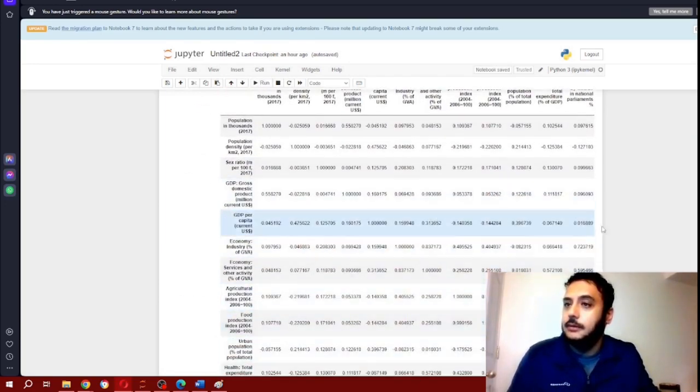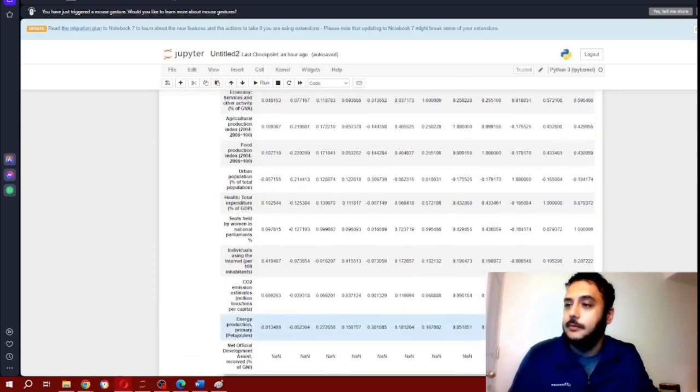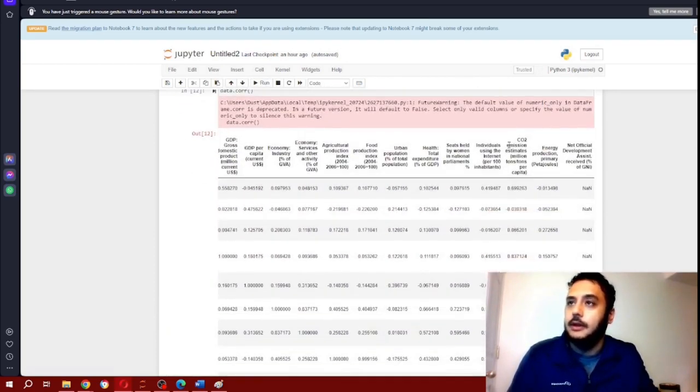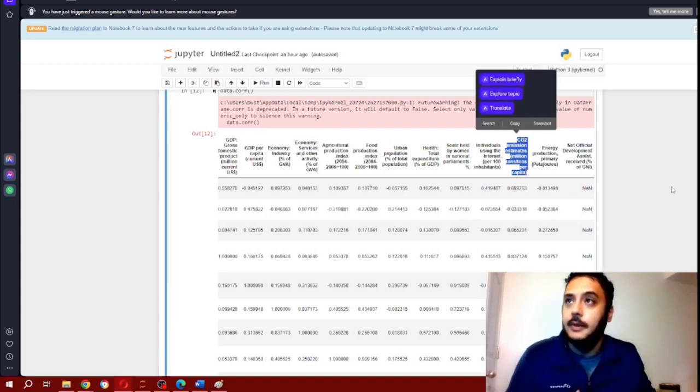And as I said earlier, I'm going to be looking at the CO2 emission estimates per million tons per capita as my dependent variable.